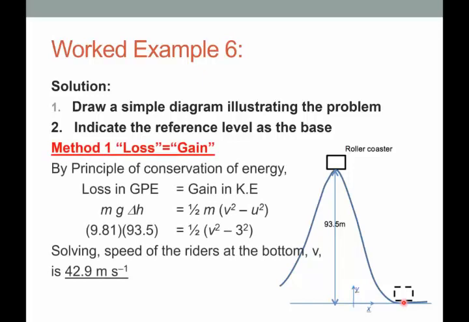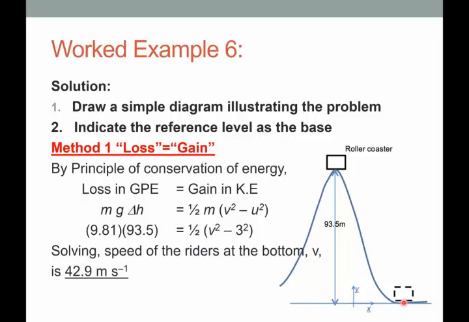The first method we can use to solve this problem is the approach called the loss in energy equals the gain in energy. This method would have been the method you used in your O levels.